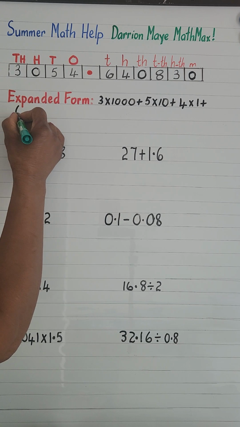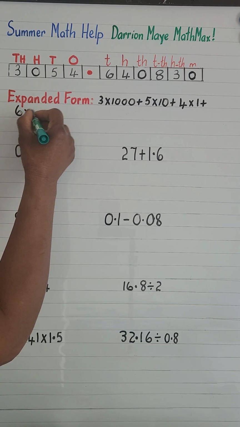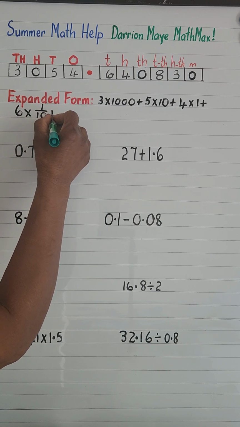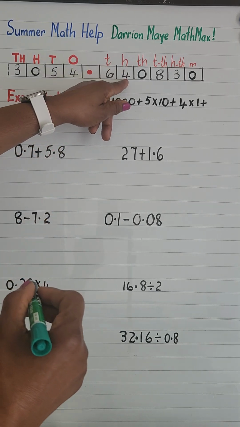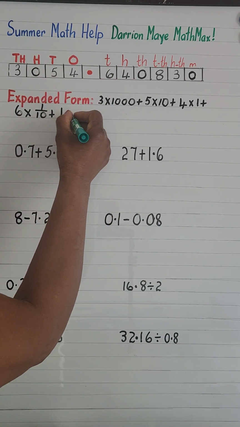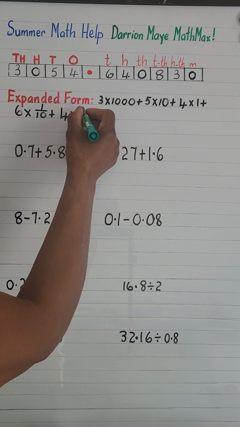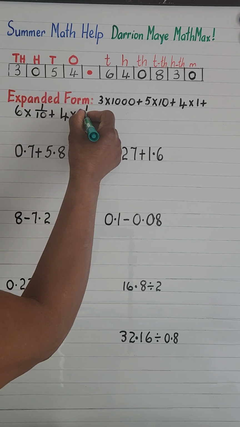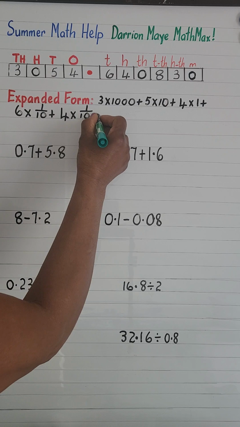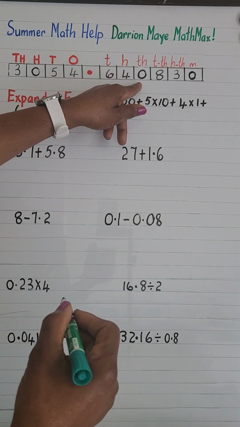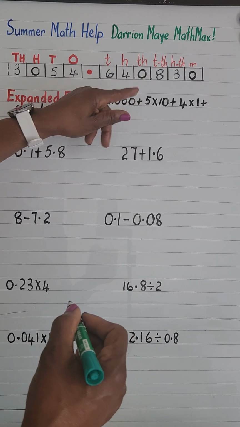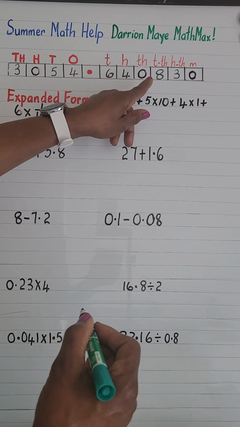So that would be 6 times 1 over 10, plus the hundredth would be 4 times 1 over 100. Then we have a 0 in the thousandth, which would be 0 times 1 over 1,000.